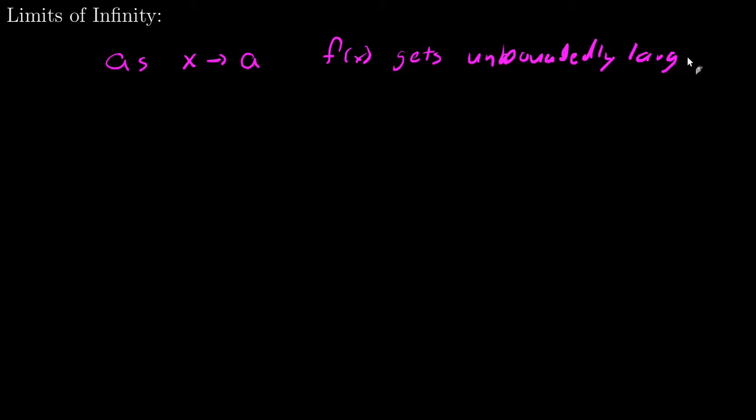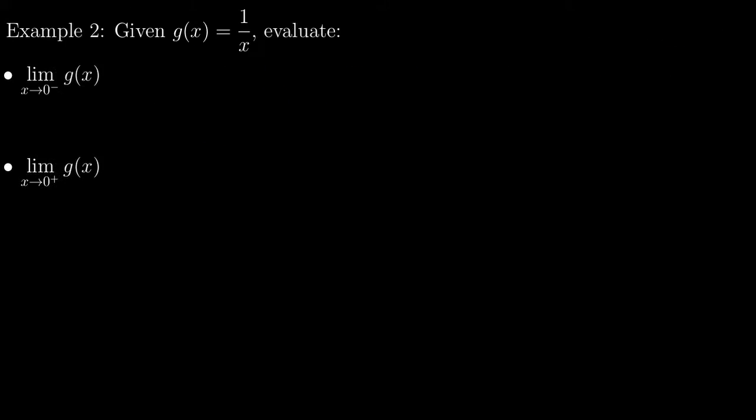If, as x approaches some value, and it can be from the left or from the right as well, f of x gets unboundedly large or unboundedly negative, then the limit as x approaches that value of f of x will equal infinity, or if it gets unboundedly negative, negative infinity.